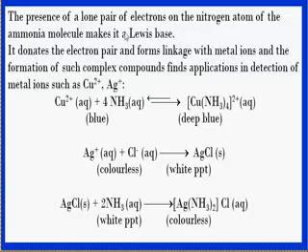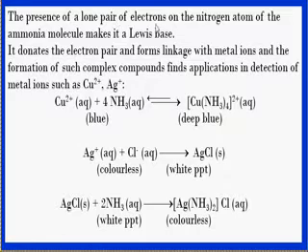The presence of lone pair of electrons on nitrogen atom of the ammonia molecule makes it a Lewis base. It donates the electron pair and forms linkage with metal ions, and formation of such complex compounds finds application in detection of metal ions such as Cu2+ and Ag+.